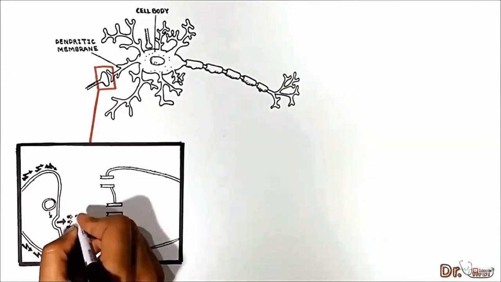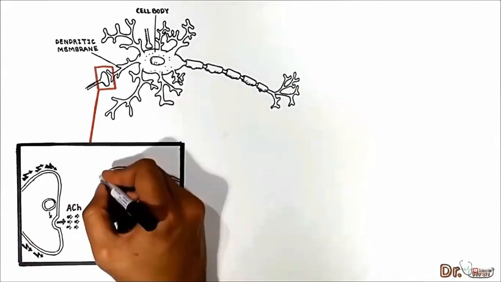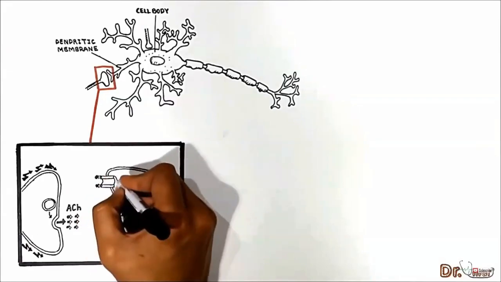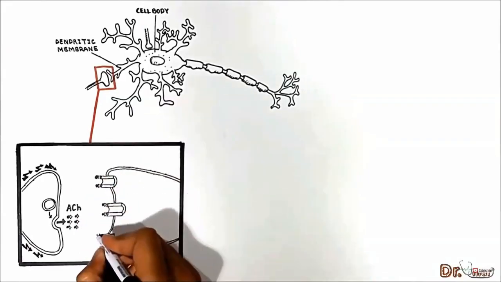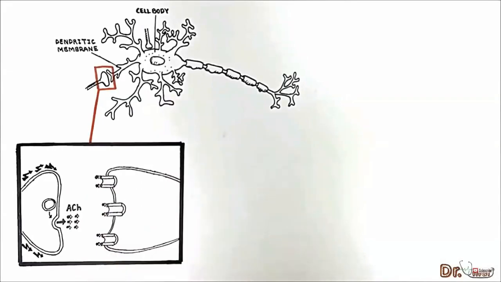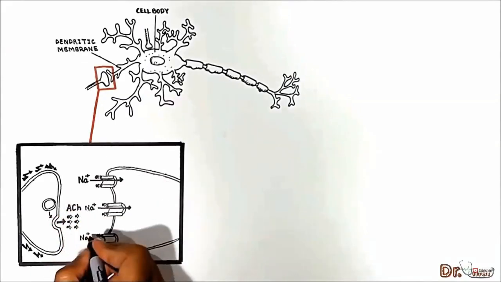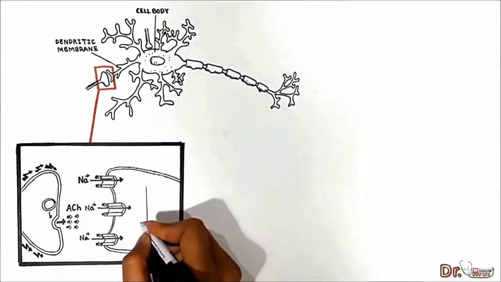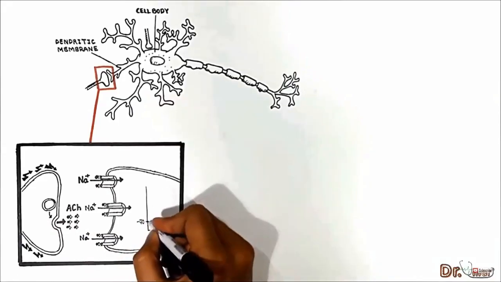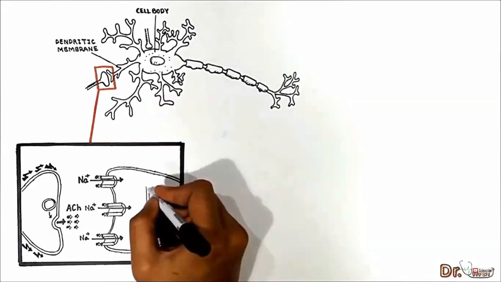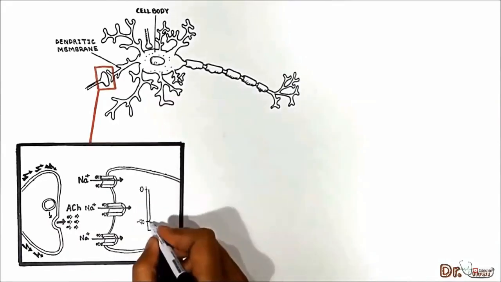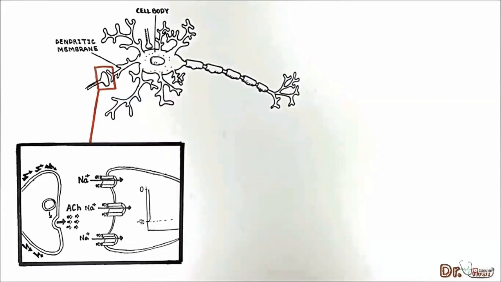Suppose it releases acetylcholine. This neurotransmitter binds with its receptor and opens channels increasing sodium and potassium conductance. Because the net force on sodium is greater than net force on potassium, the main current flowing is sodium influx. Sodium influx depolarizes the postsynaptic membrane, let's suppose from -70 to 0 millivolt, to a value approximately halfway between the equilibrium potentials for sodium and potassium.